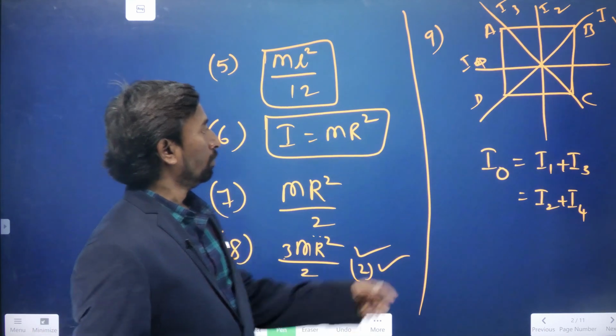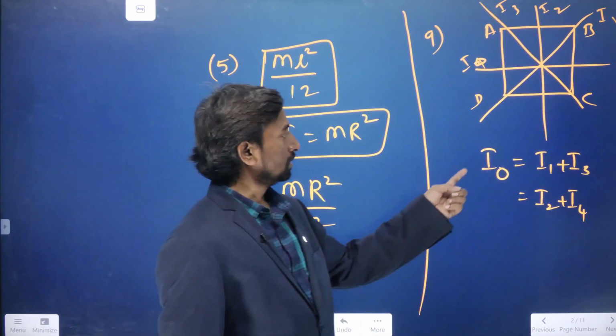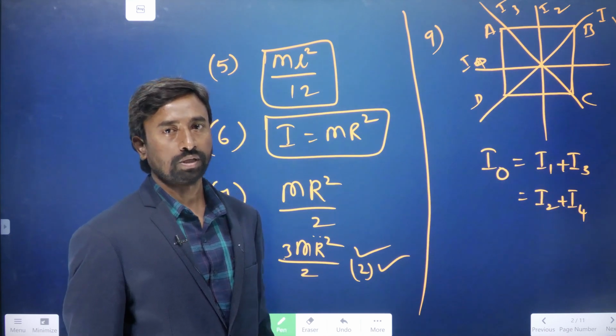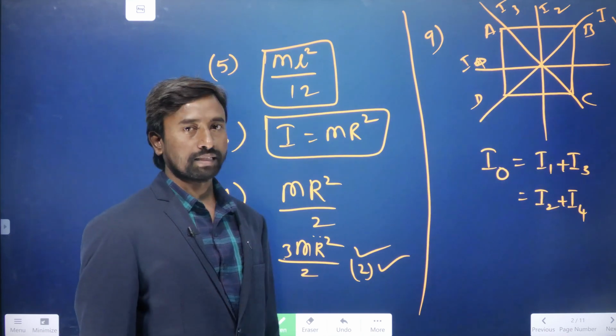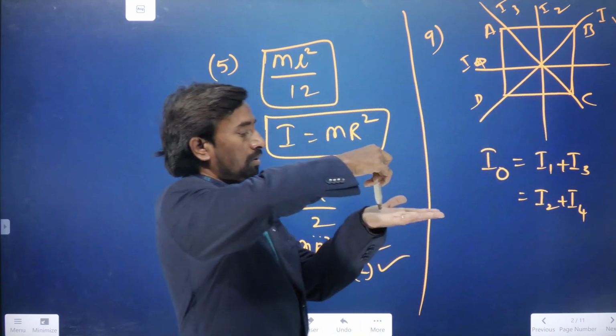What does the perpendicular axis theorem say? It says that the moment of inertia about any axis is equal to the sum of the moments of inertia about two mutually perpendicular axes. See here, this is the moment of inertia about the plane, the square plate.